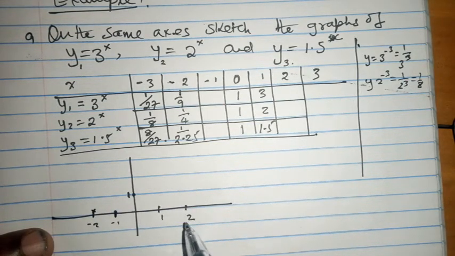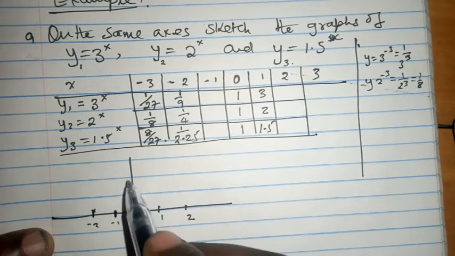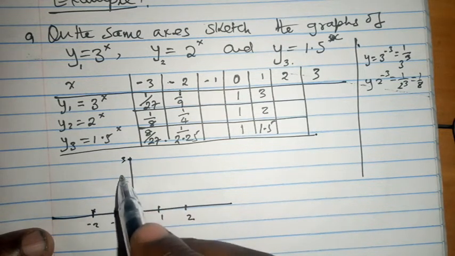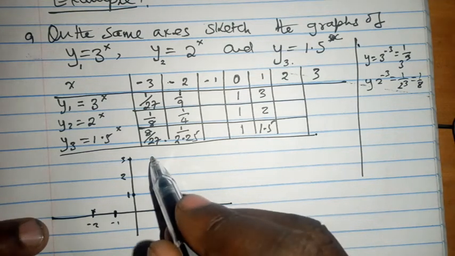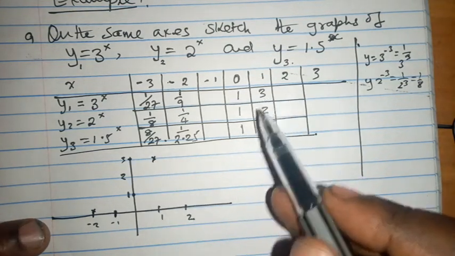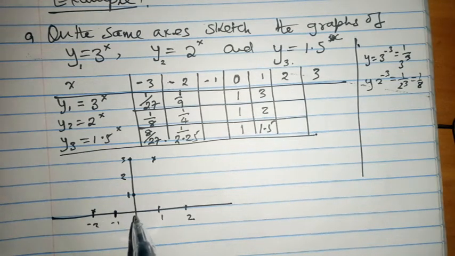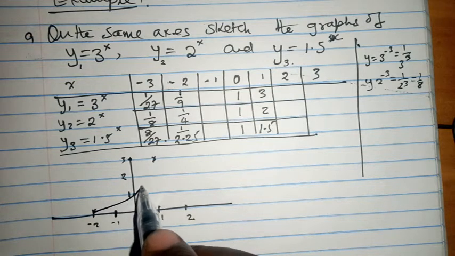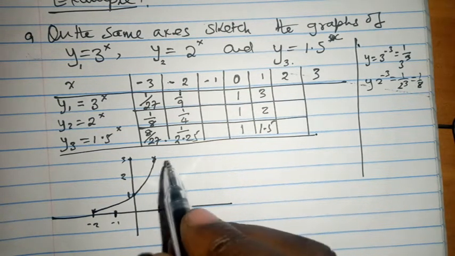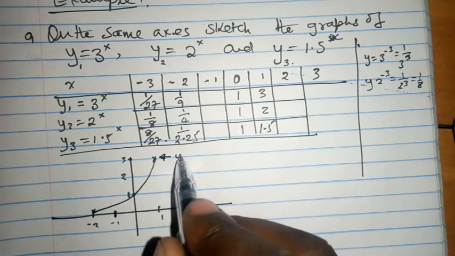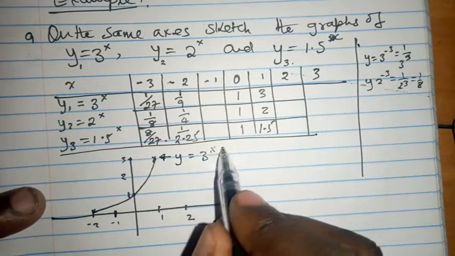When x is 1, this one becomes a 3. This is a 3. This is a 2. But when x is 0, you'll have a graph that looks like this. And this is just one graph, y equals 3 raised to power x.